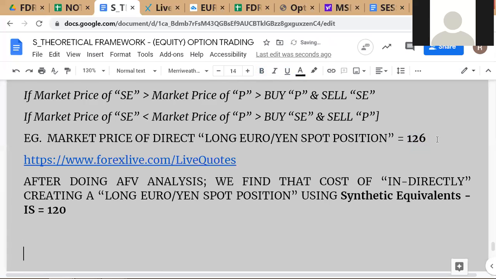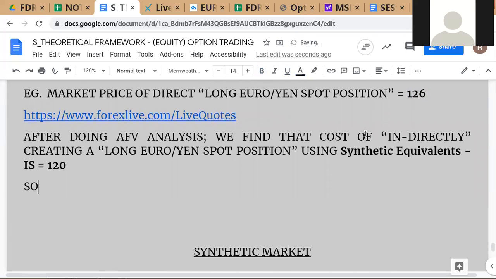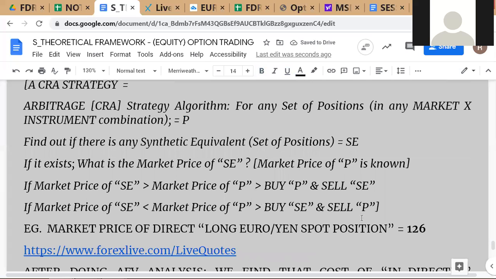So basically right now, using the logic we already gave earlier, if you see this logic here, we gave this logic earlier.